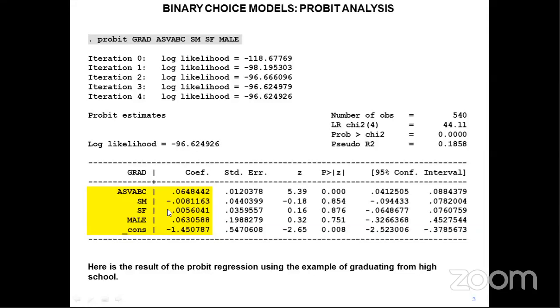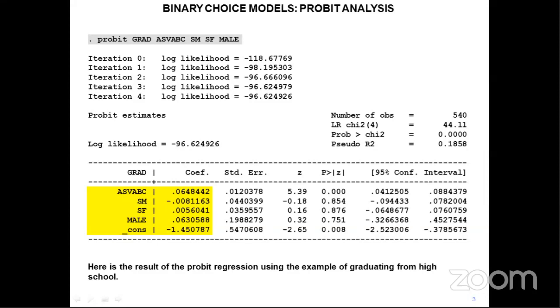So the same kind of directional interpretation is also used in the probit model, but the interpretation of these values is not similar to logistic regression. These are z scores, so you have to interpret them like this. If the average previous grade increases by 1 unit, then the z score increases by 0.6.